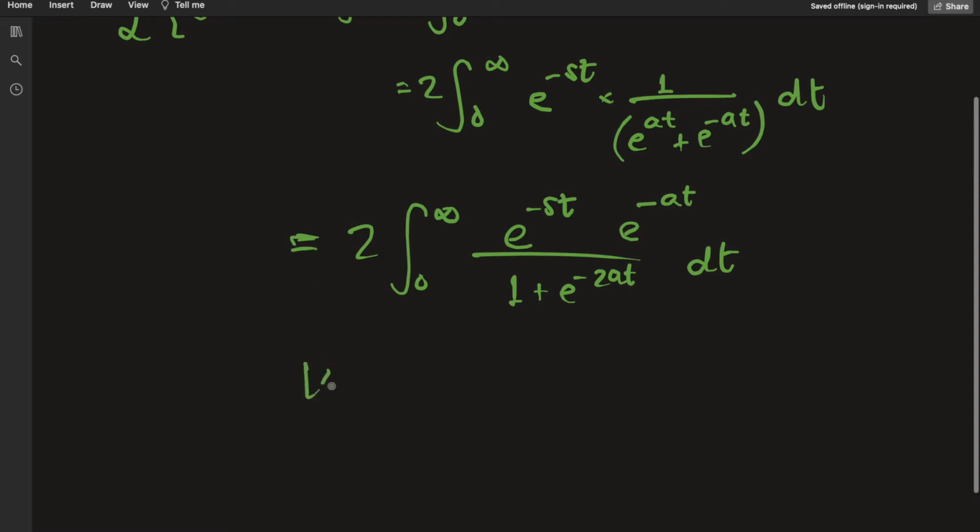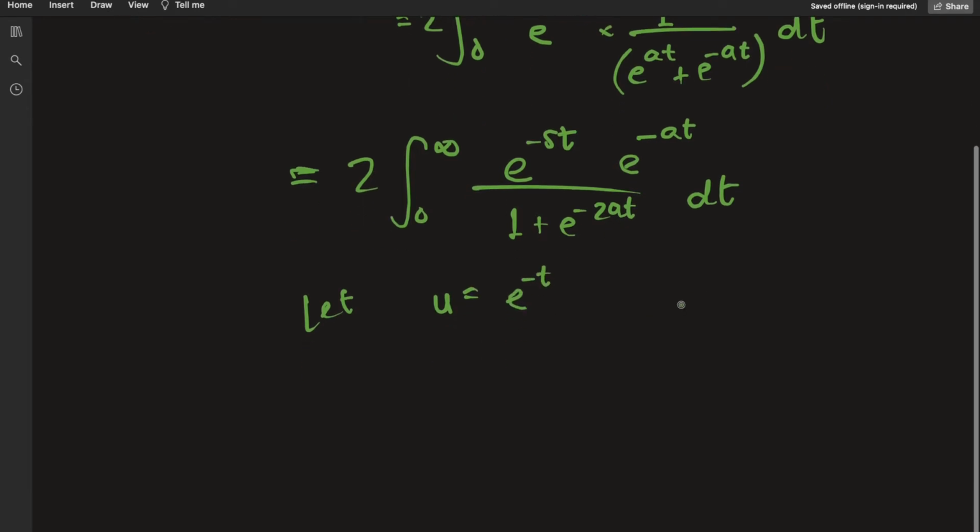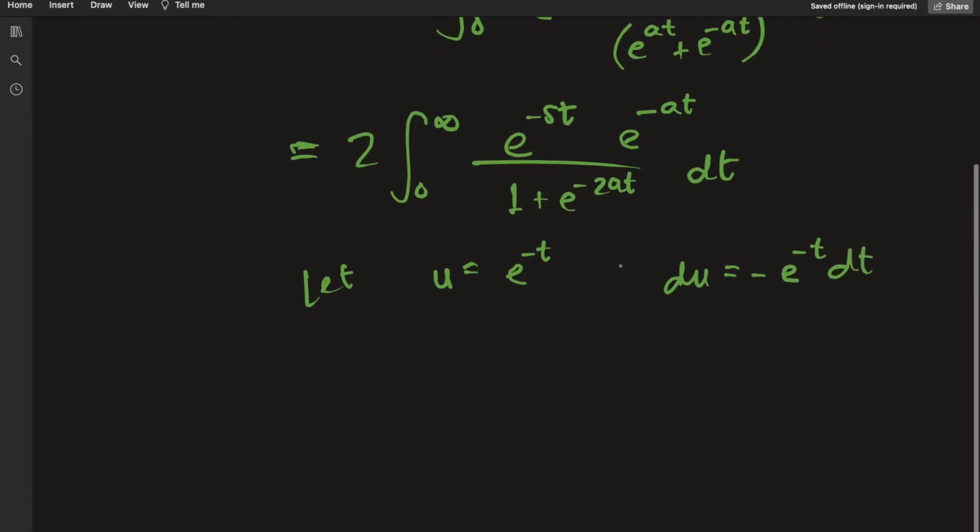Now let's implement the substitution. U equals e raised to negative t, so du is negative e raised to negative t dt, and that just makes everything a little more interesting because now we have a 1 and a 0 here.